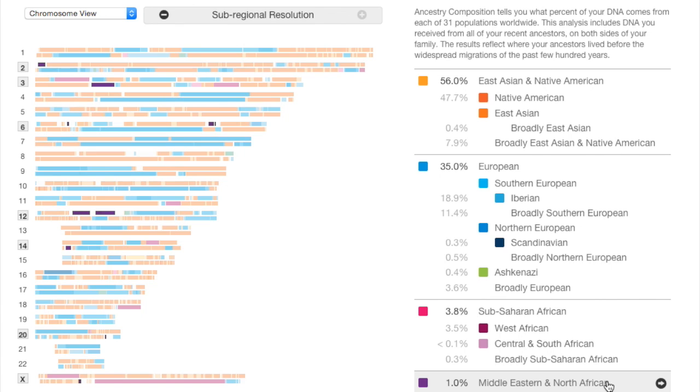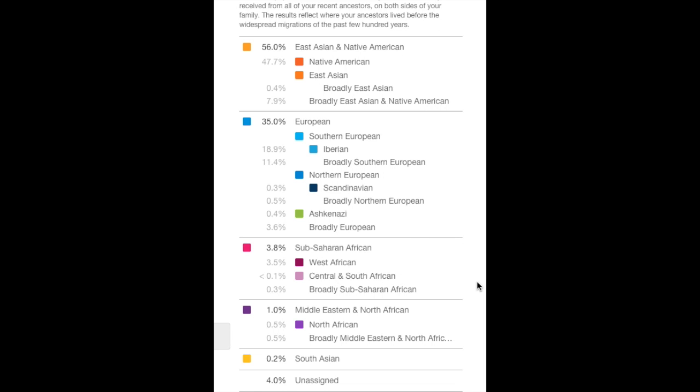Middle Eastern and Northern African is on 2 to 3, 6, 12, 14, and 20 and the X chromosome. The last groups are 0.5 Northern African and 0.5 unspecific Middle Eastern and Northern African. I don't know anything about that, but it shows up there. Then 0.2 South Asian and 4.0 unassigned.